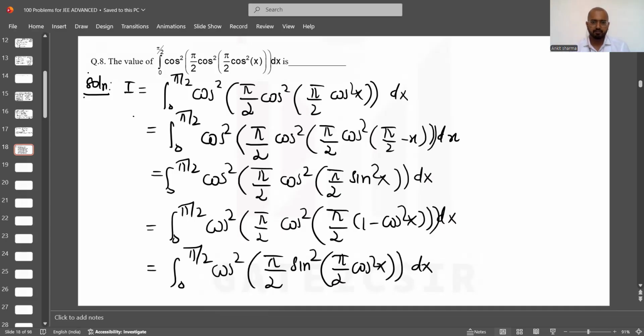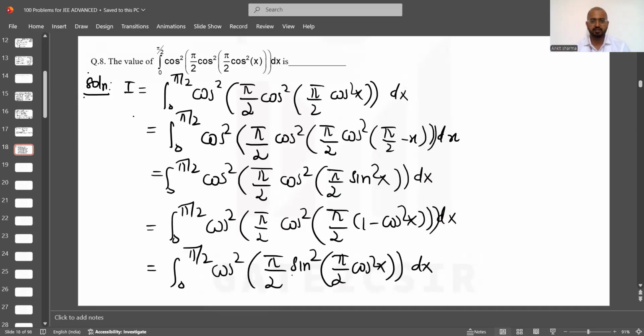Now after this part, we will simplify, because our goal is we have here cos square of pi by 2 cos square x nested inside. That means my goal should be to simplify this further instead of breaking it down further from inside. So now my target would be to get rid of this sine square.